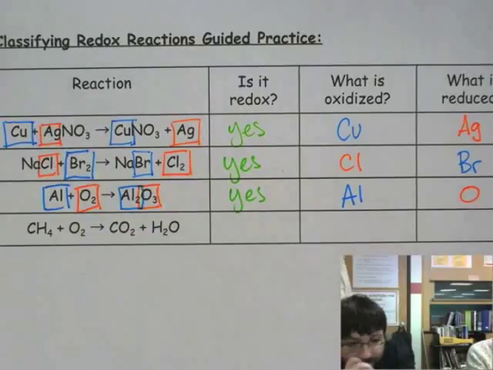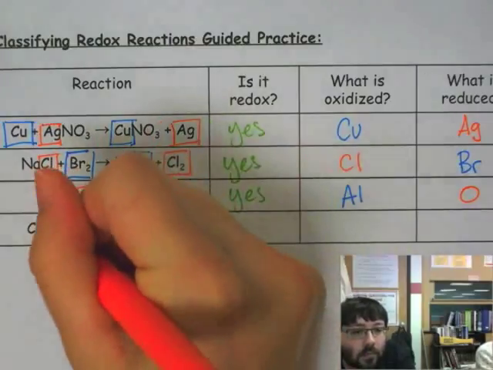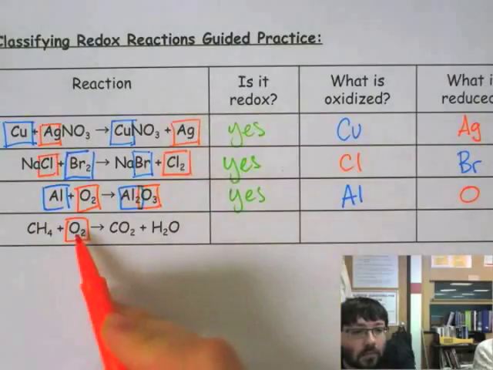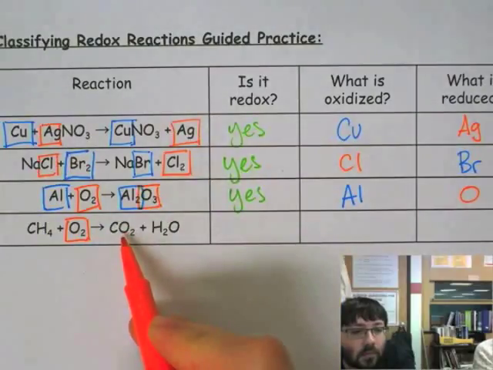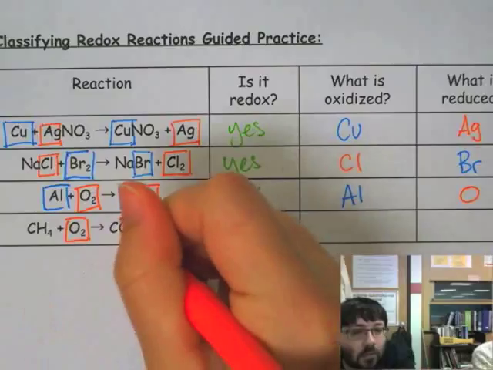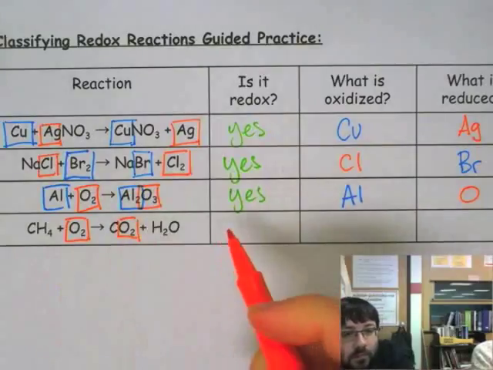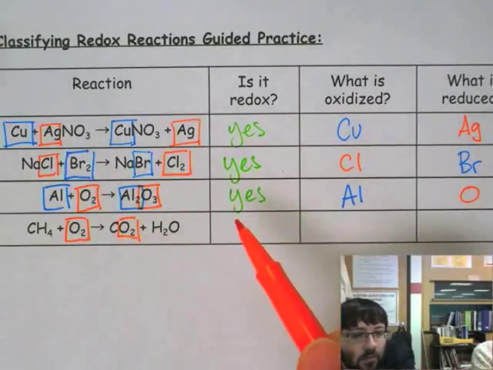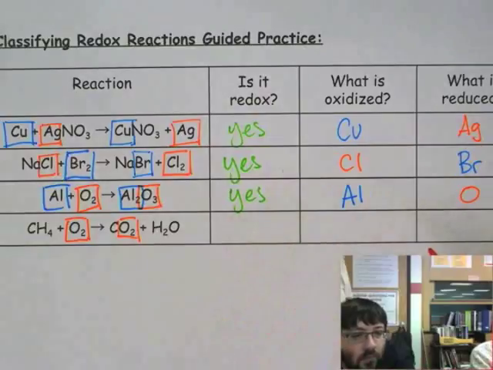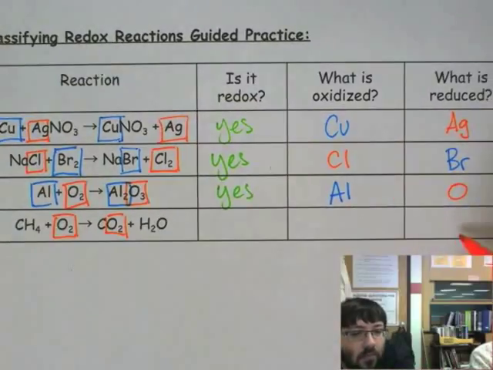So I see right here that we have a non-metal that is alone, and now it's part of a compound, so that rule still applies. If we have a non-metal that was alone, and now it's part of a compound, that's being reduced. So oxygen is being reduced again in this case.